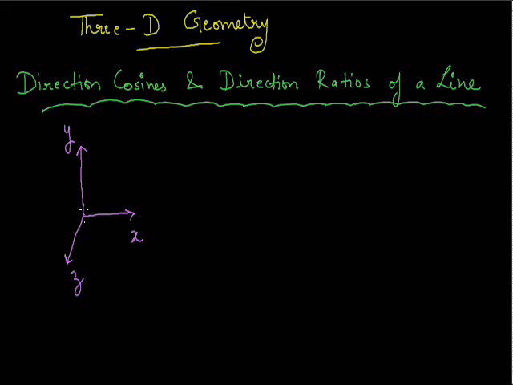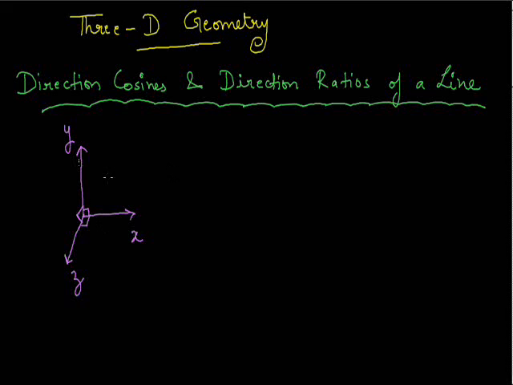These three dimensions are mutually perpendicular to each other. The angle between x and y axis is 90 degree. The angle between y and z axis is 90 degree. The angle between x and z axis is also 90 degree. That is why we call it as three dimension.